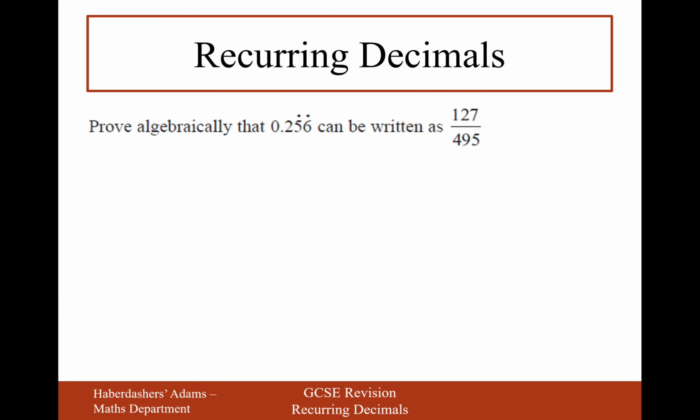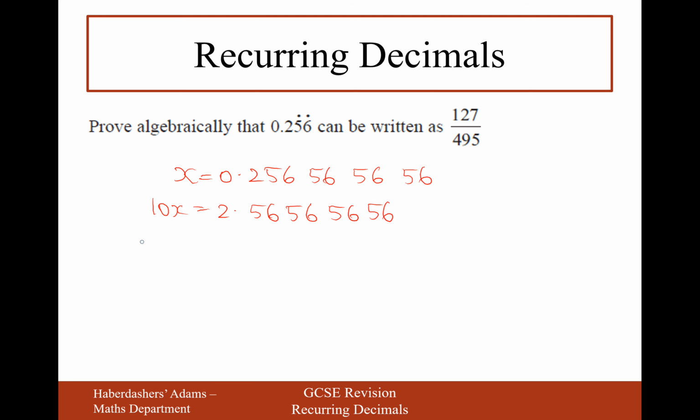Let's move on to the next question, 0.256. So it's x equals 0.256565656. Multiply it by 10, 2.56565656.